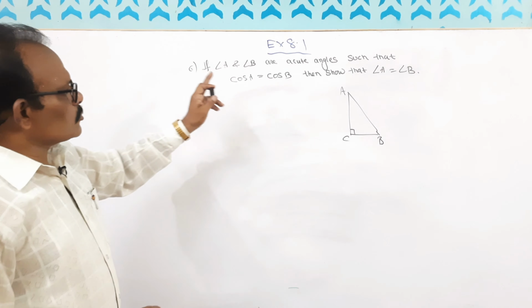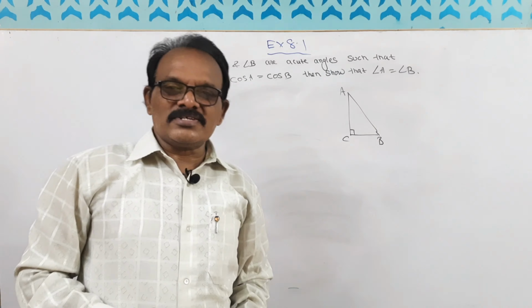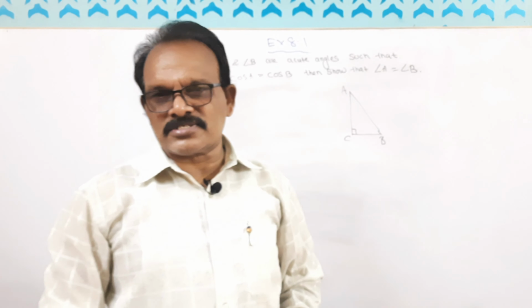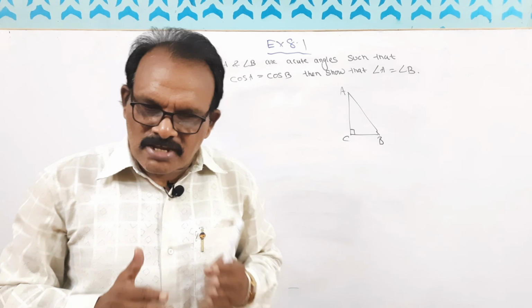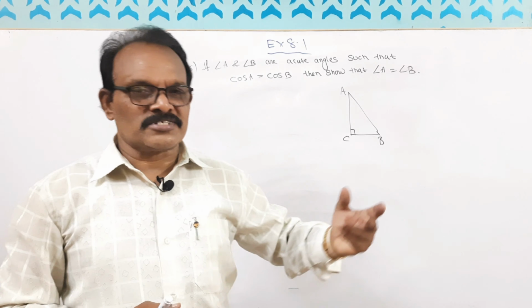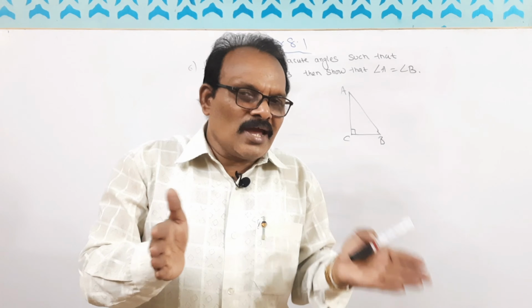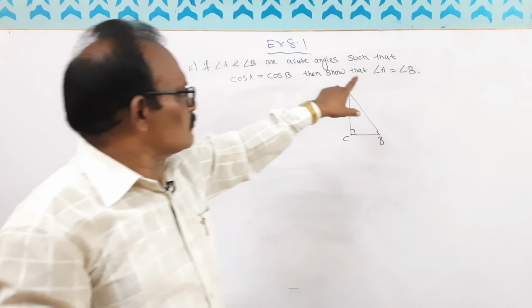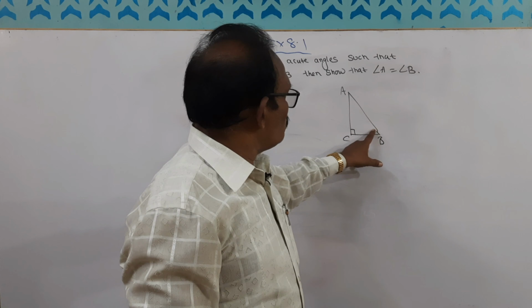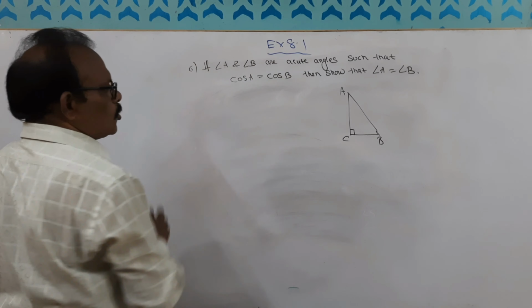Here cos A is equal to cos B. You have to show that angle A and angle B are both equal. You know isosceles triangles: those triangles in which two sides must be equal, and the angles corresponding to those equal sides are also equal.